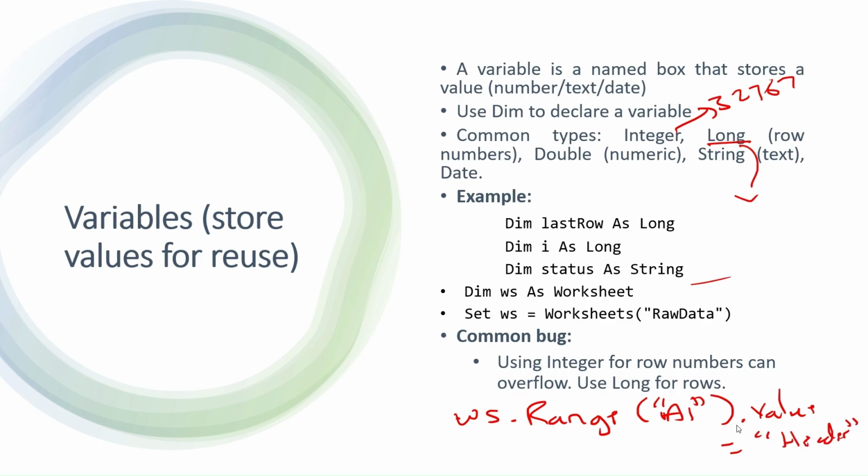When you do something like that, it means that you have defined these two things first. That is, you say that WS is a worksheet, and that worksheet is raw data. And you're saying that from the raw data worksheet, go to the range A1, which is basically a cell address in my particular context here, and replace that value of A1 by this word header. That's what you are doing.